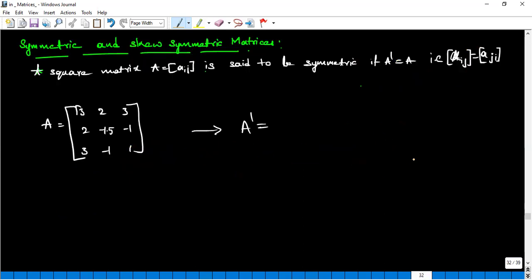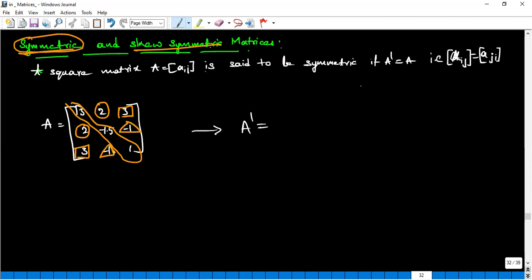Let us see one more definition: symmetric and skew symmetric. The meaning itself: symmetric means you take the diagonal elements, and whatever you have above and below the diagonal must be the same.